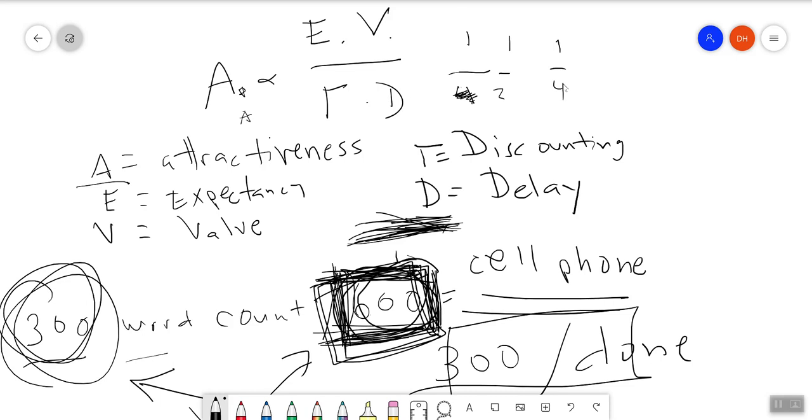Okay, so once again, coming back to this word count thing, if you are churning out 300 words, 600 words, 900, 1,500 words a day, make that a habit, make that a rule. You will start to value and expect better things from the projects you're working on.